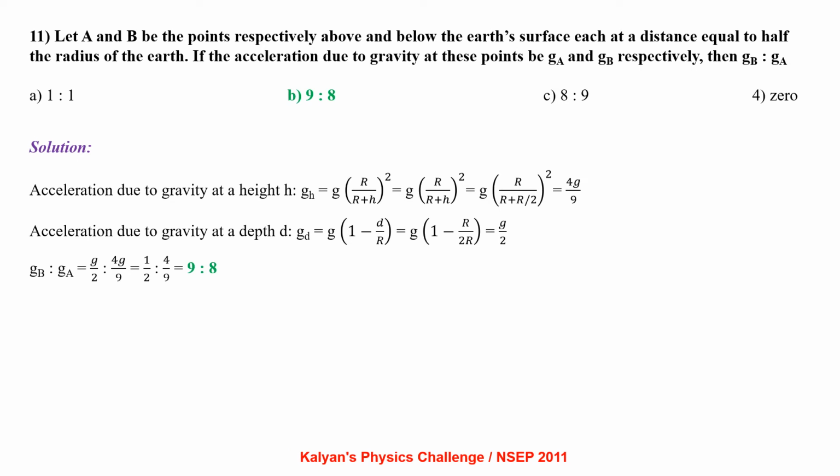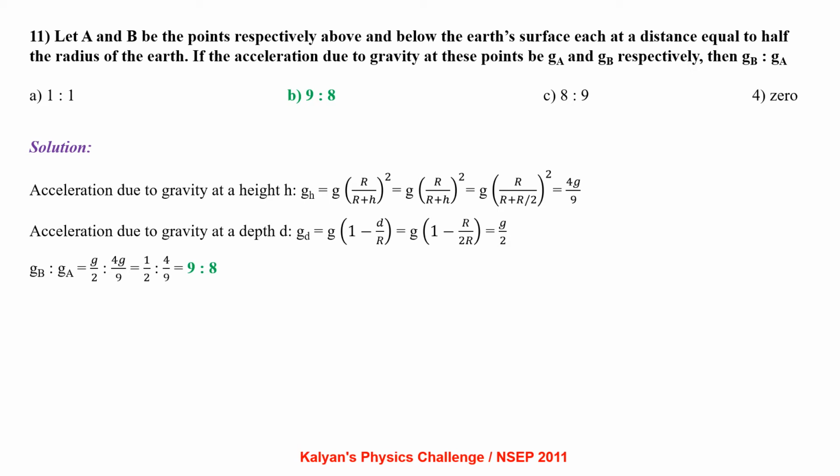Let A and B be the points respectively above and below the Earth's surface, each at a distance equal to half of the radius of the Earth. If the acceleration due to gravity at these points be gA and gB respectively, then gB is to gA is? Acceleration due to gravity at a height h, g_h equal to g times R by R plus h whole square.